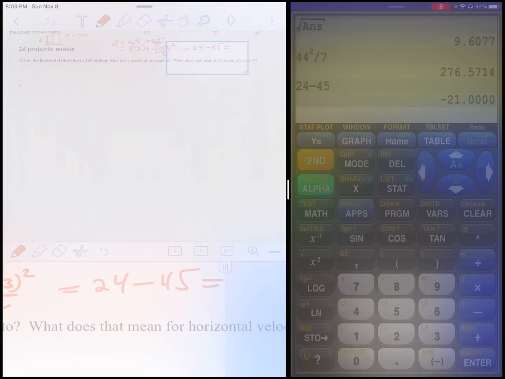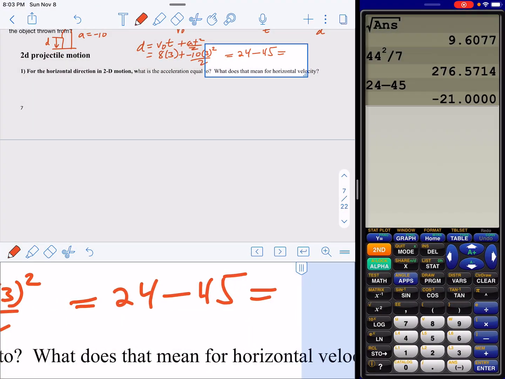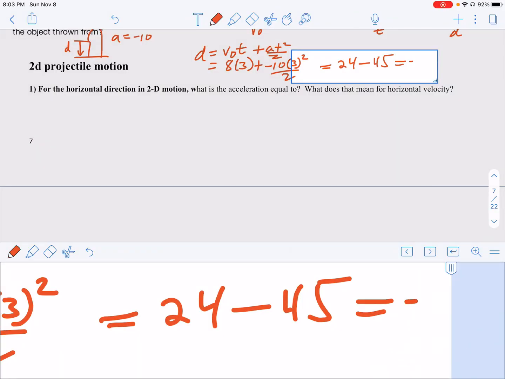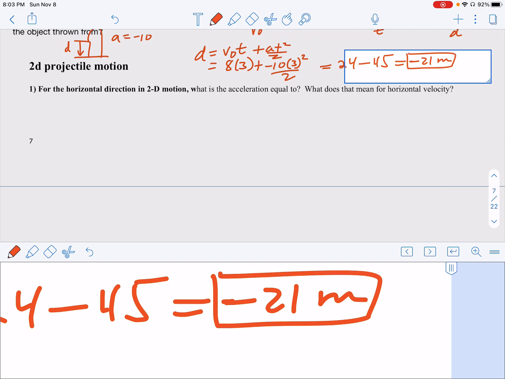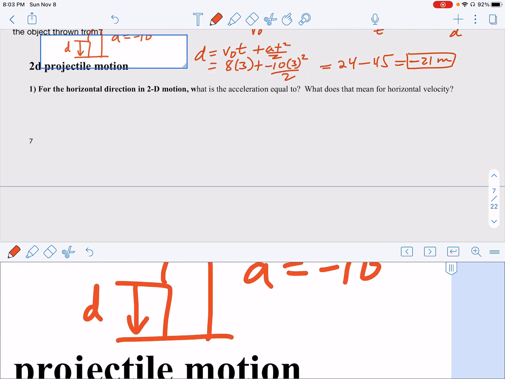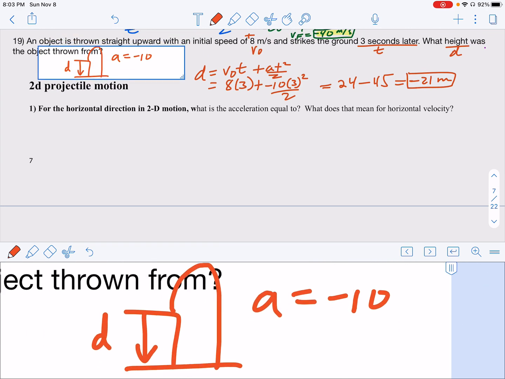I get negative 21. Why is it negative? Well, it's displacement from the start to the finish. Look at my picture. From the start to the finish, D in the Y direction is the height. You don't have to worry about this part right here because in the equation, it's not the total distance, it's the displacement.